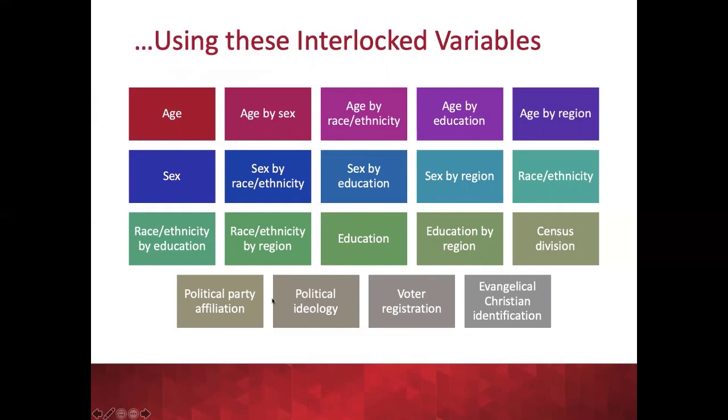So in the US, how conservative or liberal are you? Slightly, somewhat, moderately. Voter registration. Are you a registered voter in your state or not? And then for US social policy research, evangelical Christianity. Are you a born again Christian or not?